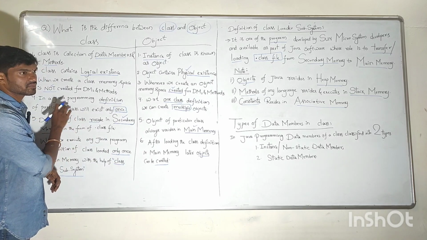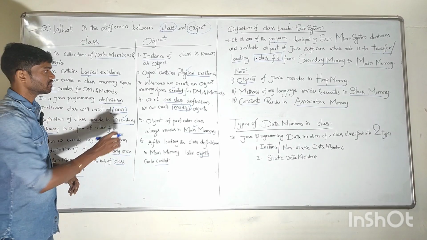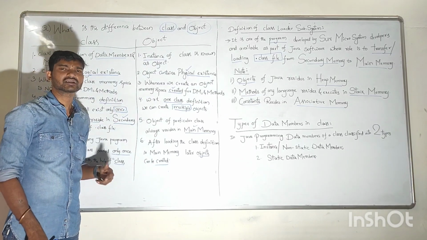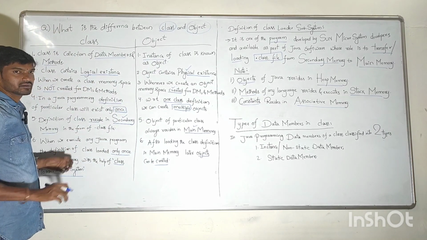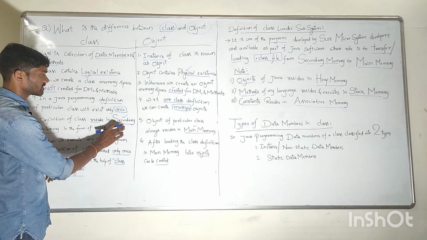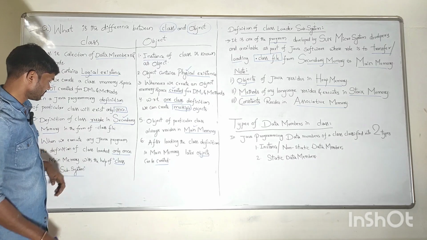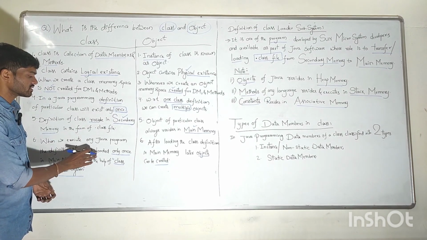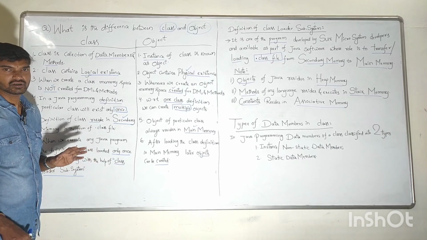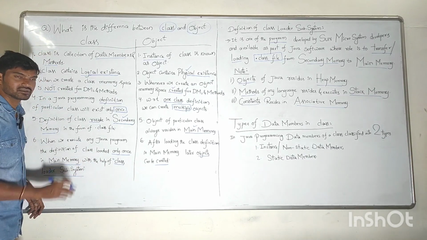The fourth is that in Java programming the definition of a particular class will exist only once, but with respect to one class, we can create several objects. And the fifth is that the definition of a particular class always resides in secondary memory, while objects always reside in main memory. Whenever we execute a Java program, the definition of a class is loaded only once into the main memory with the help of the class loader subsystem.